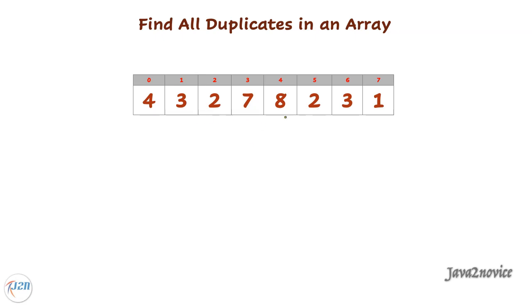In this case, it is 1 to 8 only. In the ideal case, if there are no duplicates, then the array is filled with all numbers between 1 to n, 1 to 8 in this case. Every number appears only once. No number is less than 1 or greater than n.